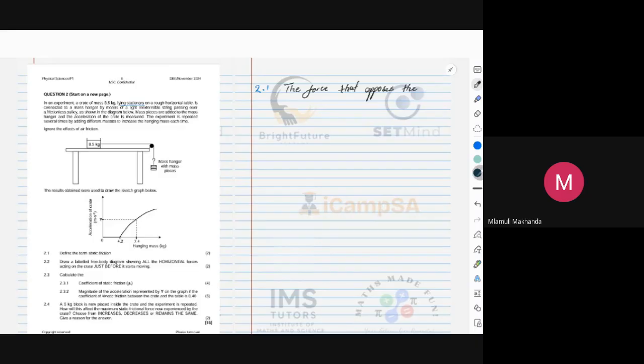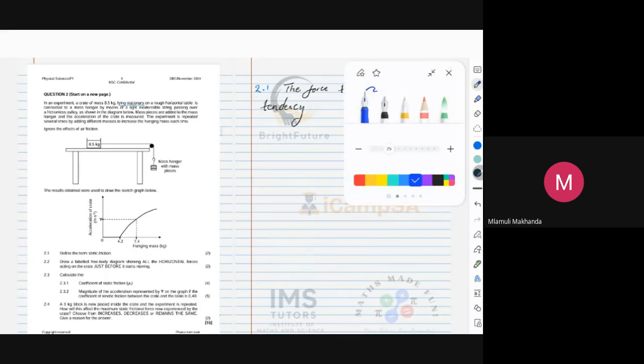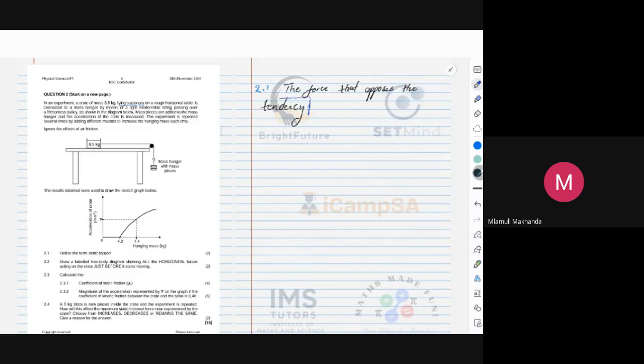So let me write it here. The tendency. What is tendency? This is the keyword here, which is very important. So tendency means this force here opposes the box from wanting to move, right? So this opposes the tendency of motion of a stationary object, right?